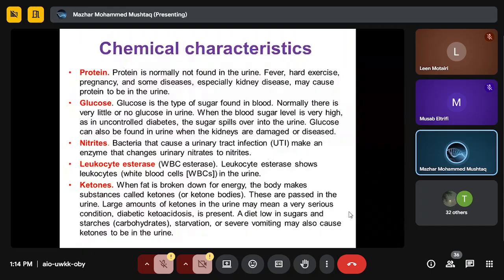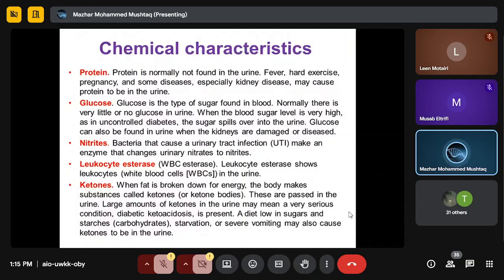If the glucose is above the threshold, it will also not be reabsorbed. Similarly, you can have glucose in the urine in pregnancy, which we call gestational diabetes, so that is also diabetes. But as the pregnancy finishes, there will be no more glucose.